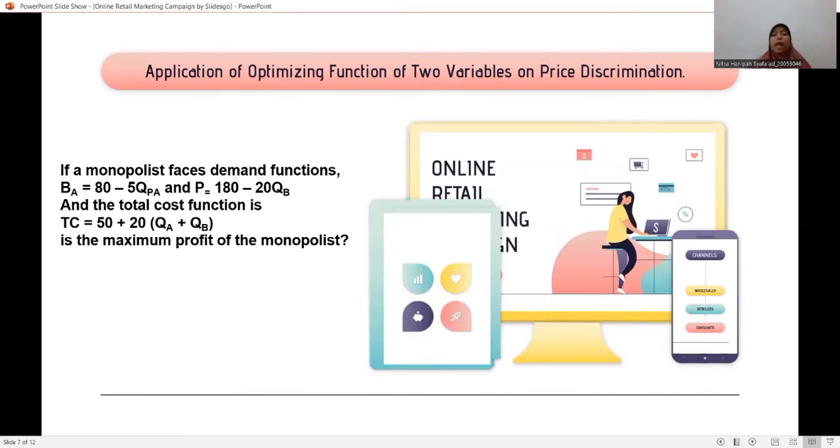Okay, suppose a monopolist has the demand functions PA equals 80 minus 5QA and PB equals 180 minus 20QB, and the total cost function is TC equals 50 plus 20Q. What is the maximum profit of the monopolist?